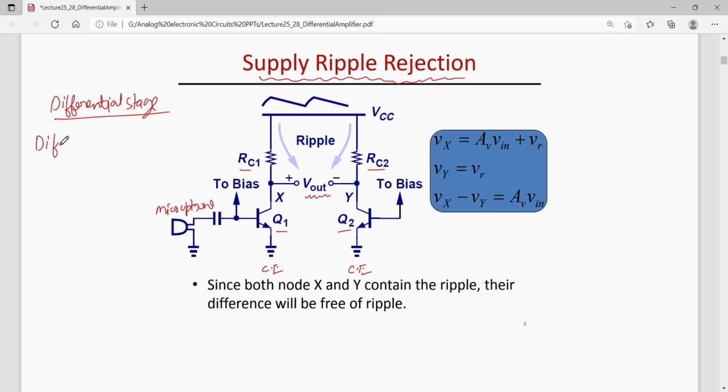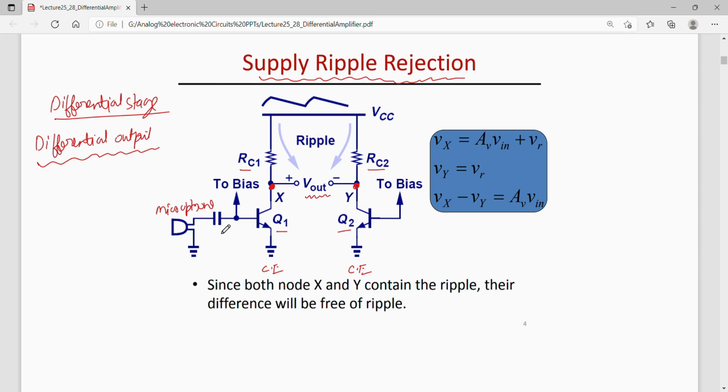So the output is differential, that is the difference between the node potential at this point Vx and the node potential at this point Vy. That is, the difference in the collector voltages of Q1 and Q2 is considered as the output here, or we say differential output.